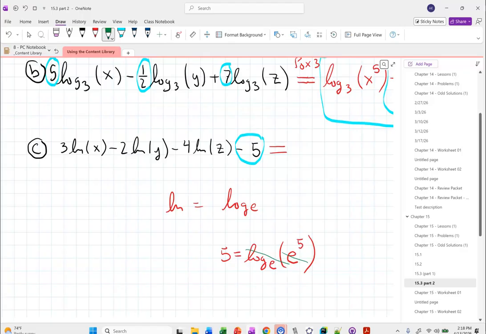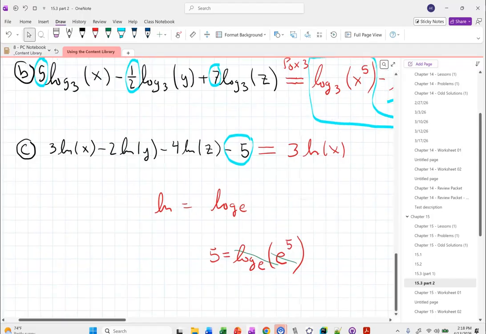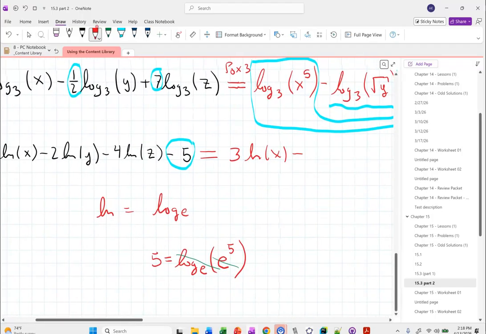Is everybody okay there? And then instead of writing this as log base E, I'm going to just write it then as ln.